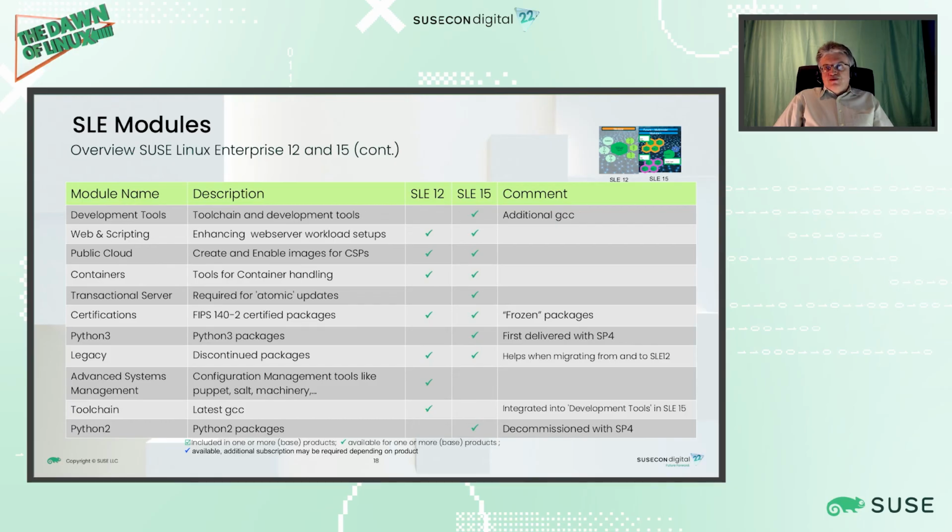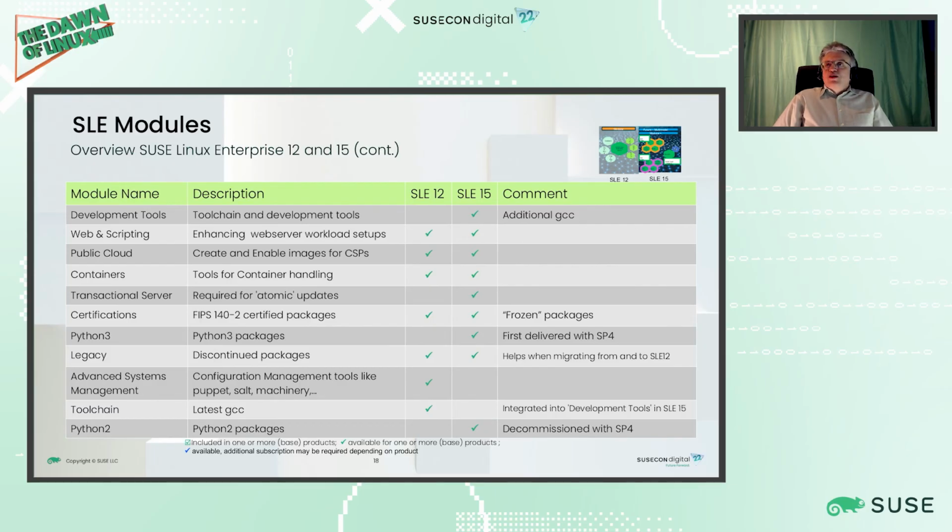But with SP4, it will now be decommissioned. I recommend here the session about SLE 15 SP4 that has more information about that and where you can get more information also in that regard.